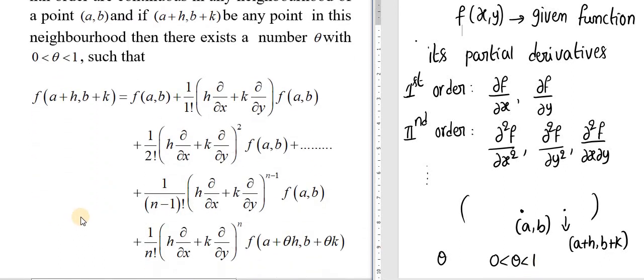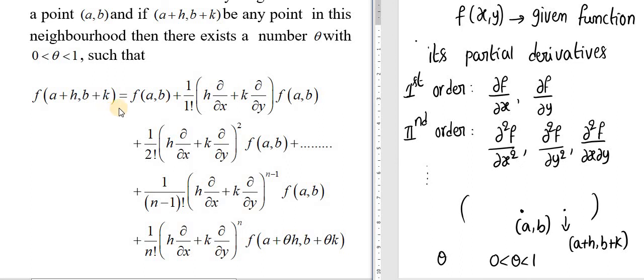f of a plus h, b plus k is equal to f of a, b. That means the value of the function at a, b.